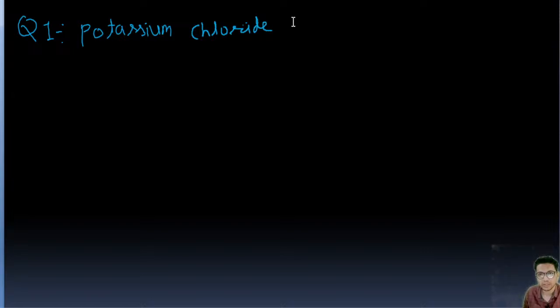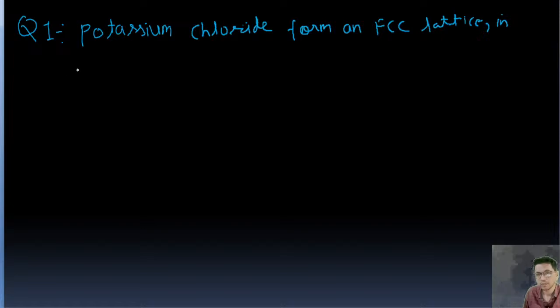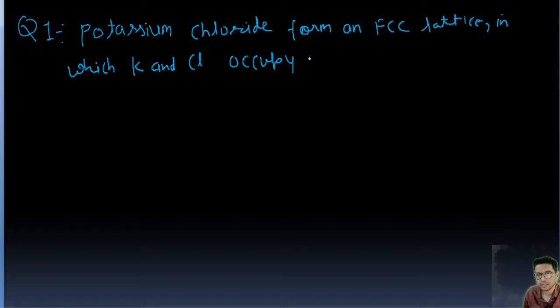Potassium chloride forms an FCC lattice in which K and Cl occupy alternating sites.